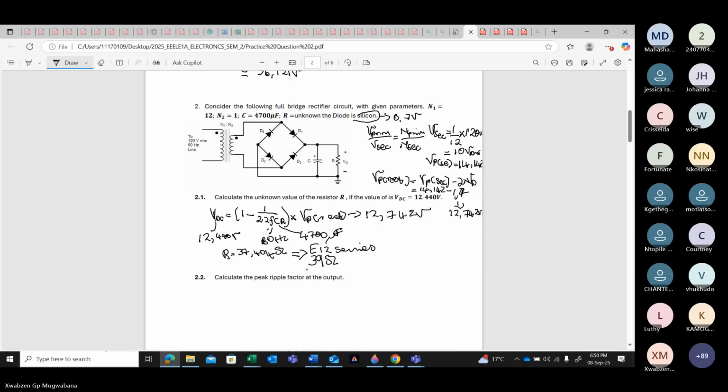Can I please ask, for those who manage to manipulate the formula, can you please show us how you did it? Because I did it, but I feel like I did everything wrong. My first step was to divide both sides by the VP rectifier. After that you transpose, then it becomes 1 minus VDC divided by VP rectifier.